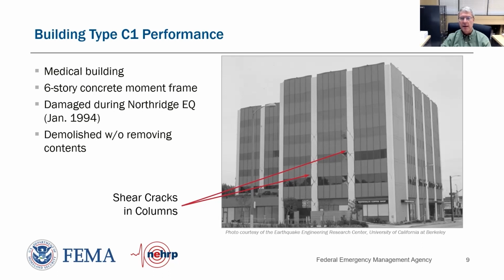They actually demolished the building in place with all contents inside because it was so hazardous. And again, this is exhibiting behavior of an older concrete moment frame building, our type C1, which can be very vulnerable.